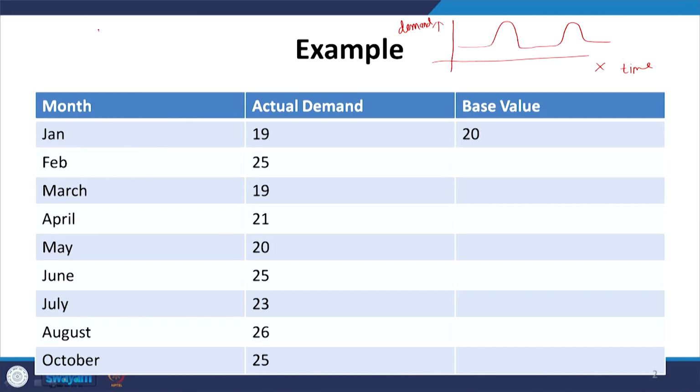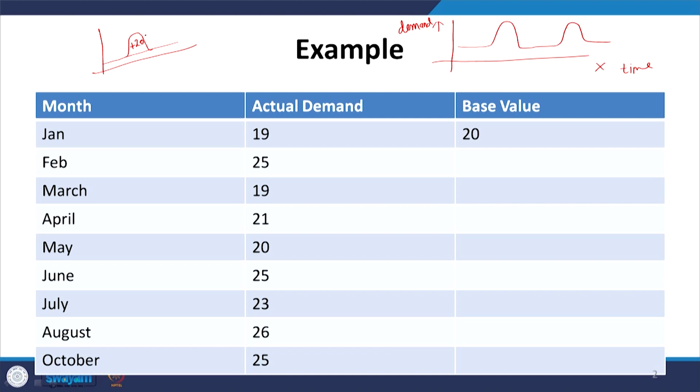We discussed in our 10th session that seasonality can be of two types, ratio seasonality and linear seasonality. In the case of linear seasonality, this is the demand data, this is the average value, and whenever the season comes, demand increases by, let us say, 20 units from the average value.